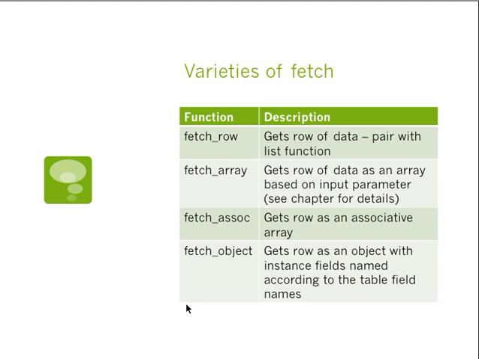The two that I really like are fetch associative and fetch object, partially because what they do is they allow you to use the names of the table rows, the table fields, as either indexes into an associative array or as fields within the return value for accessing specific parts of a row.